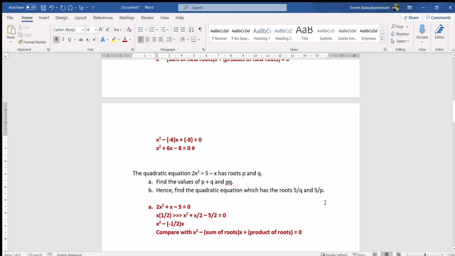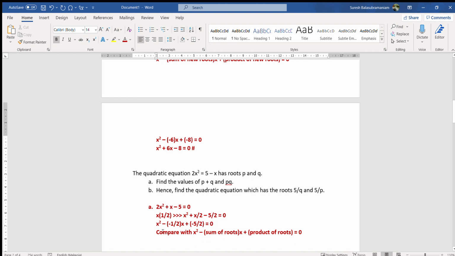So all these terms are equivalent to this, but I need to modify this so that I have a negative in the front and I have an x at the back. So it's easier for me to replace the values, the sum of roots. Moving on, I'll make it plus negative 5 over 2 equals to 0.